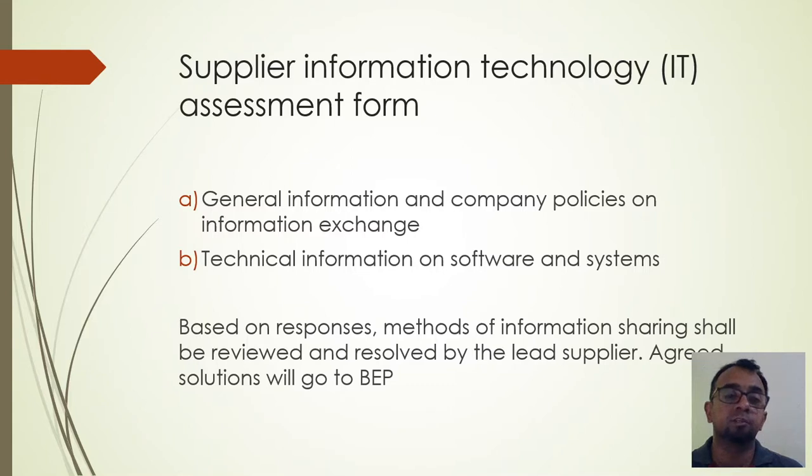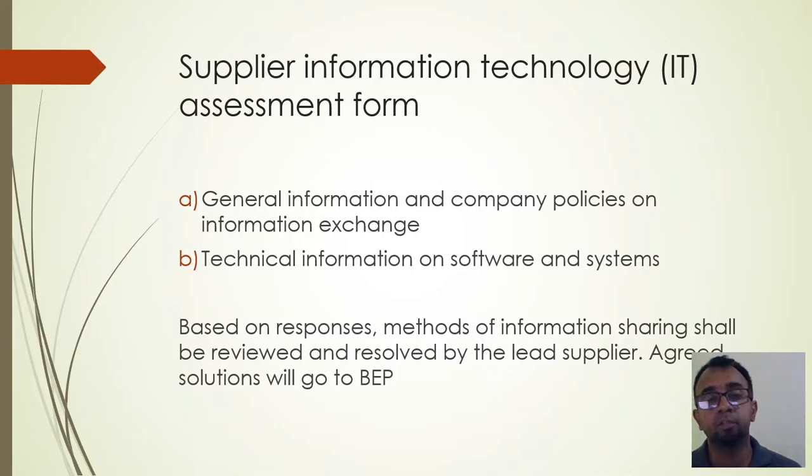So based on the responses, methods of information sharing shall be reviewed and resolved by the lead supplier, right? So there is negotiation happening at this stage regarding these aspects. Then the finally agreed solution will go to the BIM execution plan. Hope that it is clear.